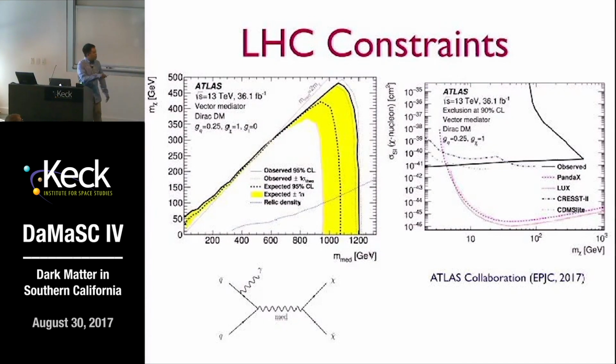In the low mass region, because the energy is small, you cannot trigger the signal in the direct detection experiment. But in the high mass region, in the direct detection experiment, you have the coherent effect. So you can boost the signal, but at high energy colliders, you don't have that. So that's the reason why the limit is strong.